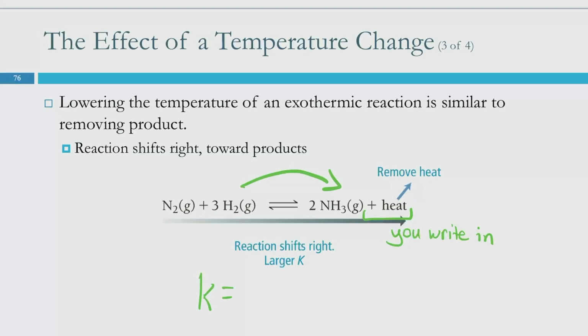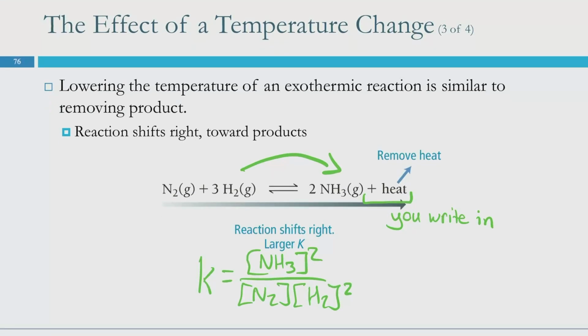And this is going to result in us having a larger K. You don't really need to write in the K equation necessarily to see this, but since we're removing heat, we're shifting from reactants to products. So we're producing more products. The top part of our K expression is getting bigger, so K is getting bigger.